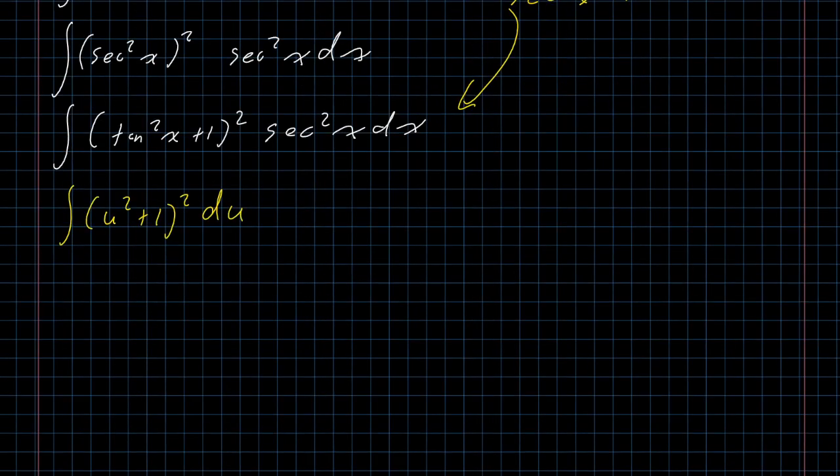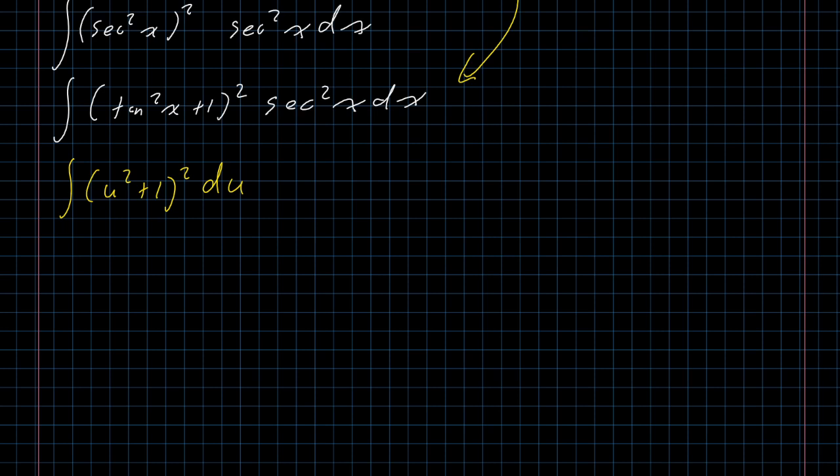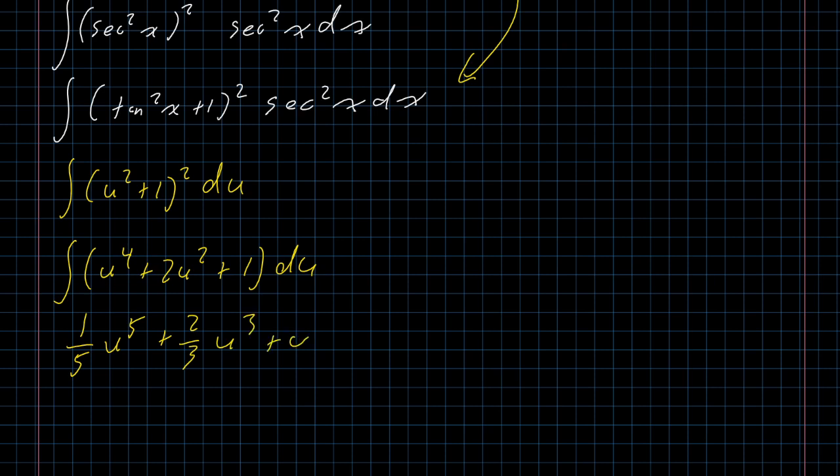Now I'll multiply it out because it will be a lot simpler to do so. This is u to the fourth plus 2u squared plus 1. And when I integrate that, I get 1/5 u to the fifth plus 2/3 u cubed plus u plus our arbitrary constant.